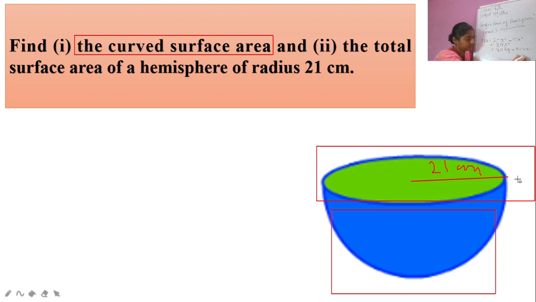What do you get at last? What's the answer? Cancel out all the required terms which are to be cancelled. So multiply the terms: 3, 22, 3 into 22 into 3 into 21.